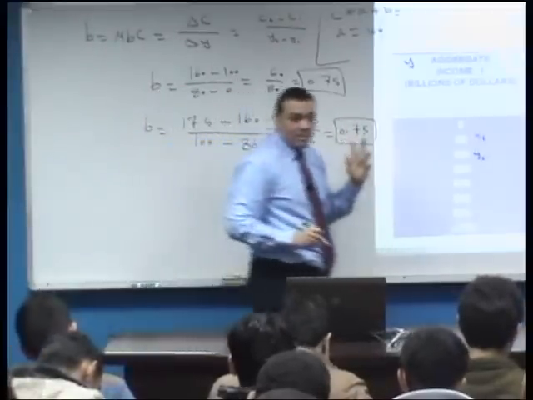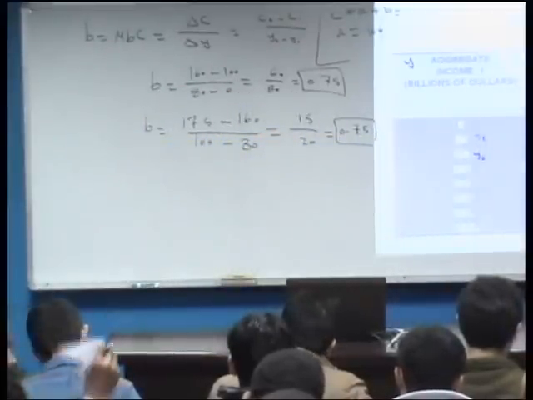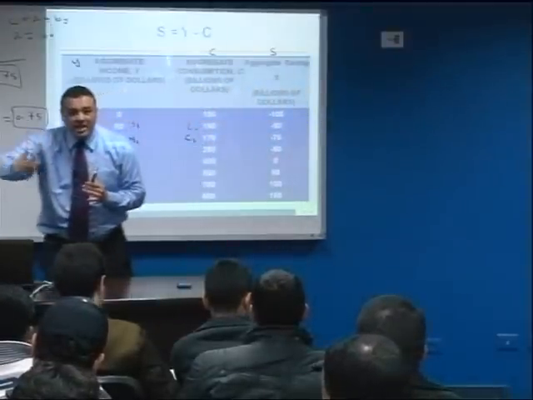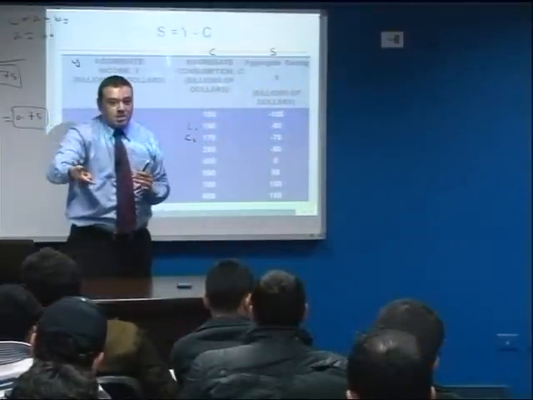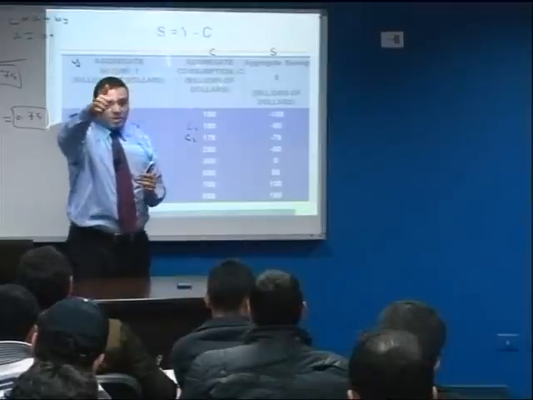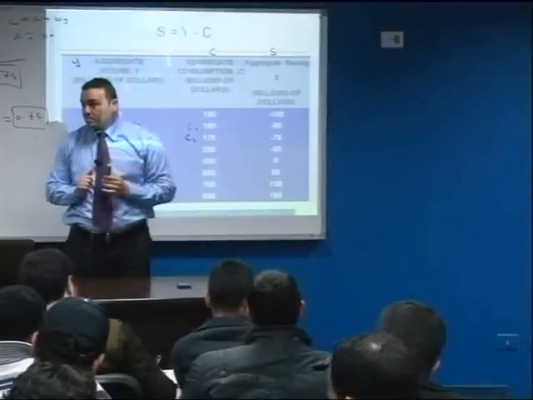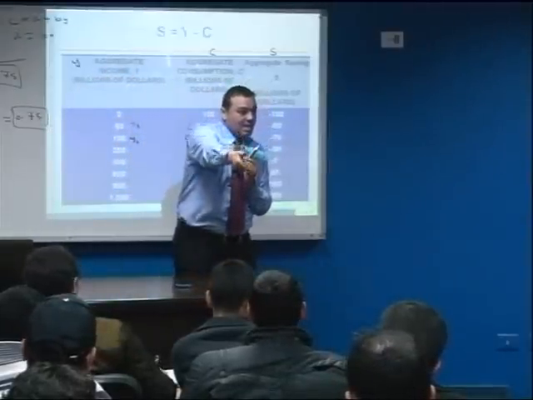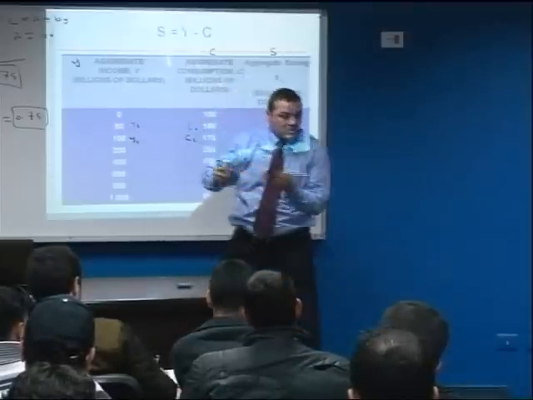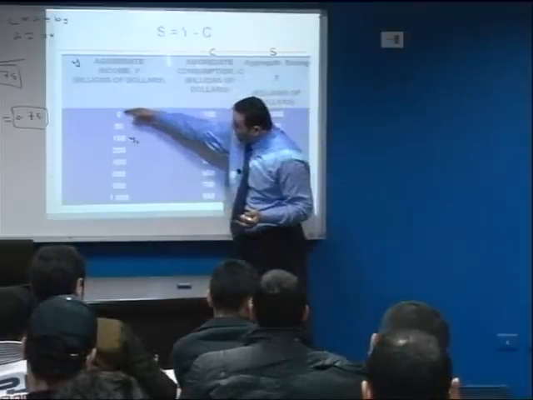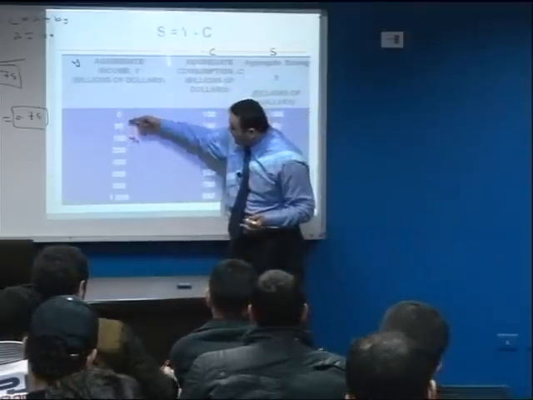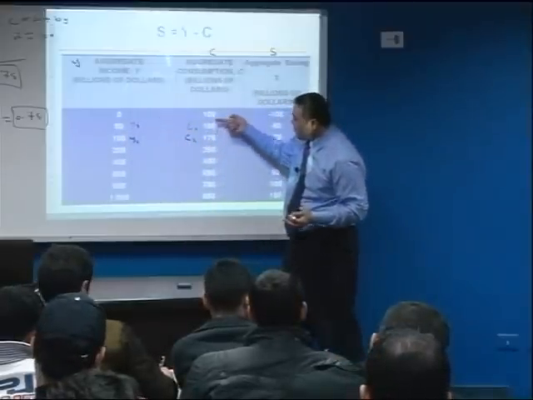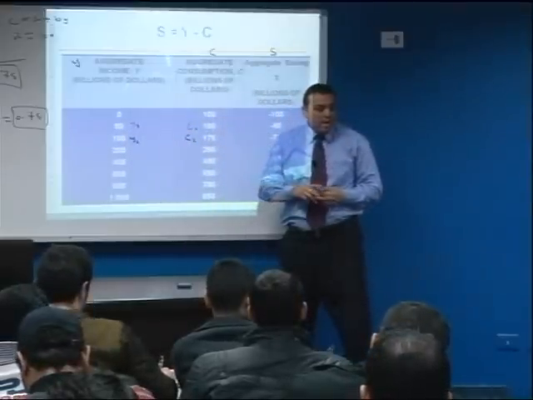So let's come back to the idea. B, as we mentioned, is the percentage change in your consumption when your income increases by $1. Meaning if your income increases by $1, by how much does your consumption increase? This is the marginal propensity to consume. As you see, income increased from 80 to 100, and your consumption increased from 160 to 175.